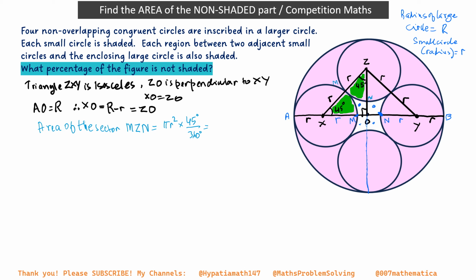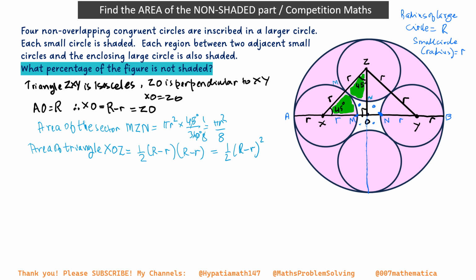So that is 1 out of 8, and so it's pi r square out of 8. So we have the area of the sector, and so the area of the triangle XOZ would be half times base times height. So half times capital R minus small r times R minus r. So that is half times R minus r whole square.